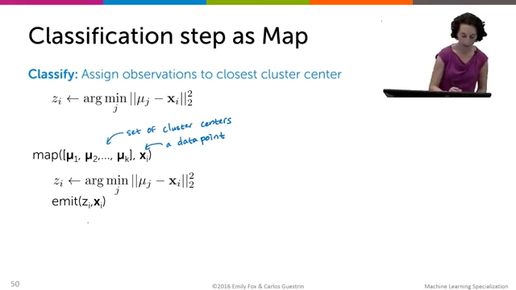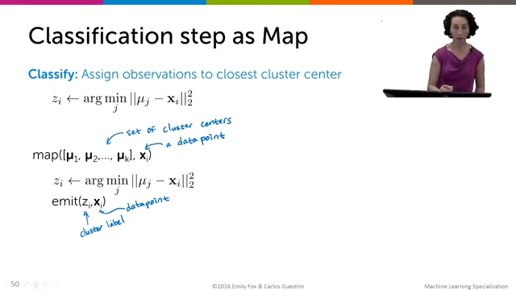So in particular, it emits the cluster label and data point pair, where again the cluster label serves as the key and the data point serves as the value.